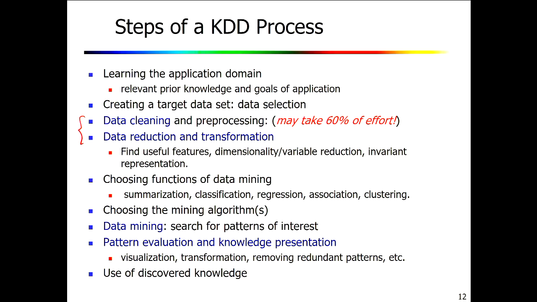And then we move on to the data pre-processing part, which includes cleaning, matching. We won't talk too much about matching, and reduction and transformation. So we might revisit some of the topics later.